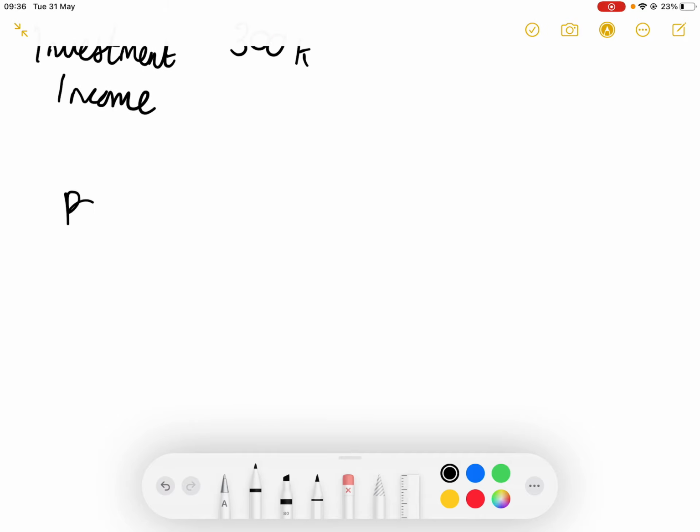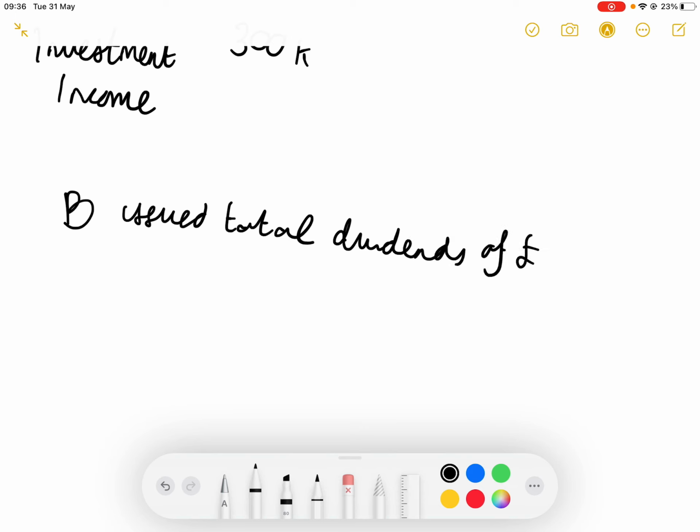So for example, if I told you that B issued total dividends of 100k, what do we do, Basil? Well, we have to know where those 100k of dividends are going first.